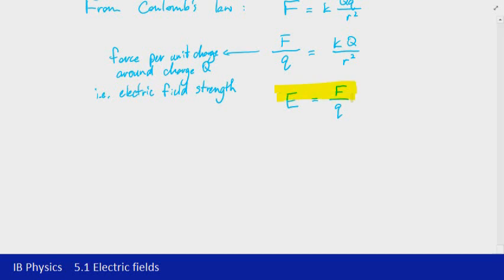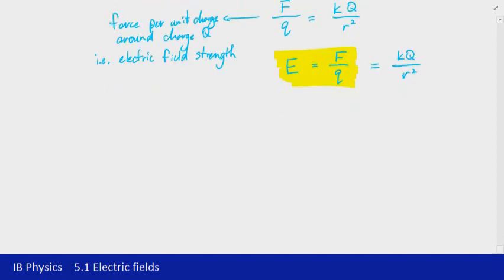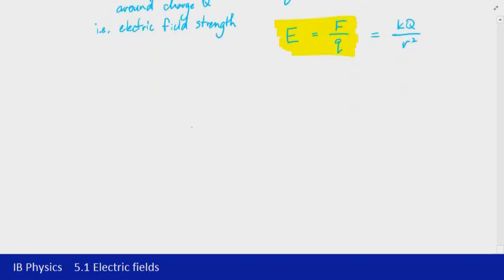So the electric field strength is just that force divided by the charge that would be positioned in that electric field, and you can see there from the line above we can identify that that's equal to KQ on r squared.